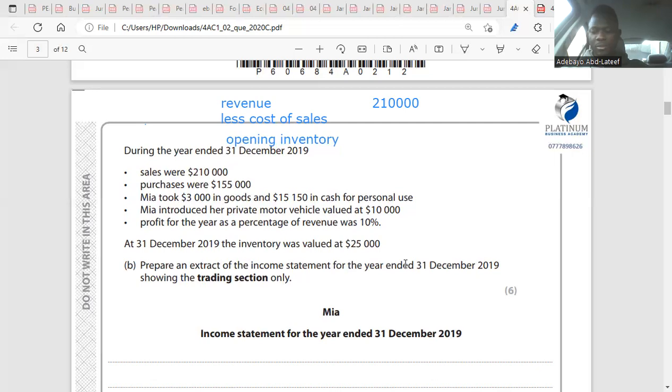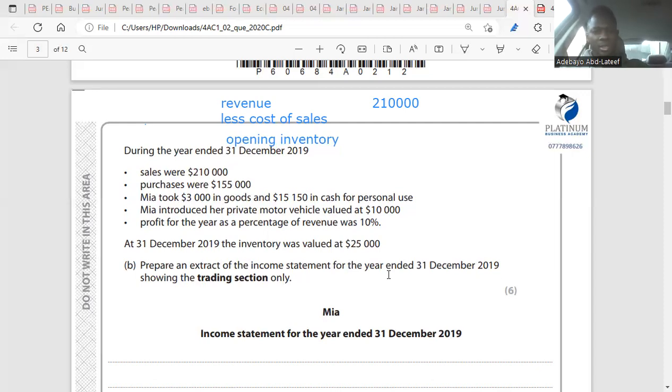So 172,000 minus 25,000 is 147,000. Let's start again. We have our opening inventory, 20,000, plus the purchases, 155,000, minus the goods taken by Maya, 3,000.